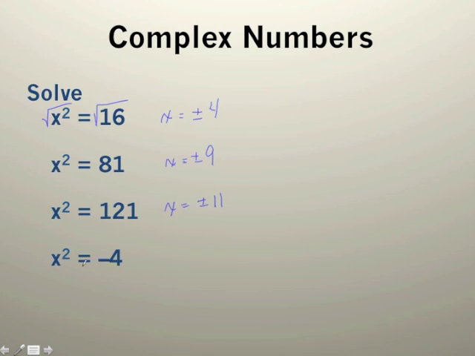Here we have x squared equals negative 4. Well, the square root of x squared is x, but what's the square root of negative 4? 2 times 2 will equal 4, and negative 2 times negative 2 will equal 4. 2 times negative 2 would equal negative 4, but these aren't the same.